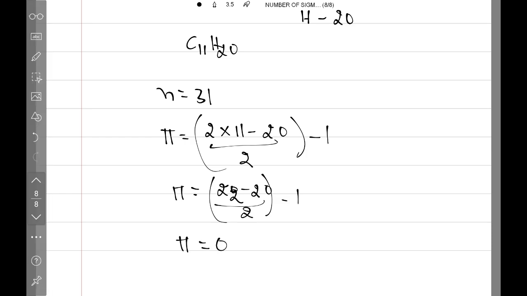Next one I am taking as an example is a tricyclic compound. What is a simple tricyclic compound? We will take anthracene. What is the formula of anthracene? C14H10, we call it anthracene.